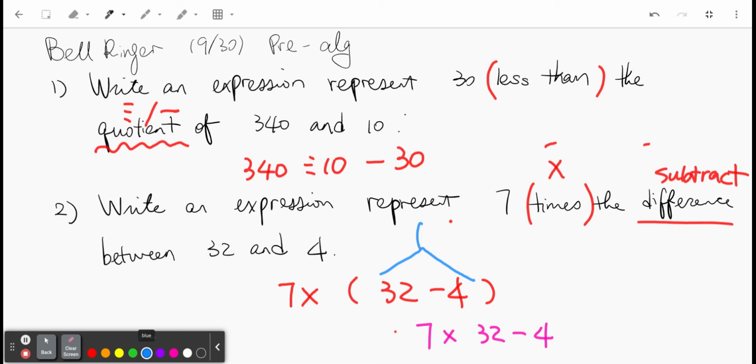However, in the pink one we don't have parentheses. If we don't have parentheses, what do we do first? Very good. That means we do the 7 times 32 first. Is that the same as the English expression we're supposed to write? No. So writing parentheses is very important.